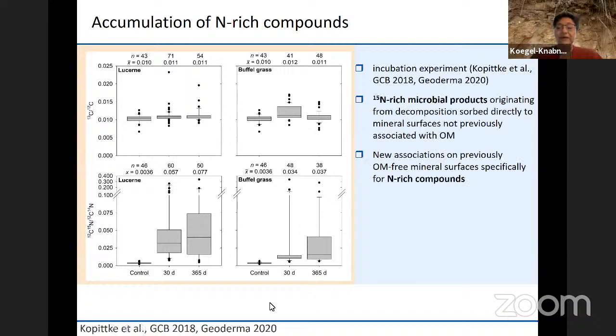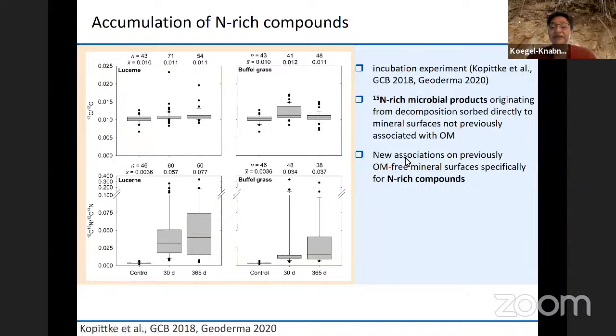And he looked in an incubation experiment again on the accumulation of organic matter from lucerne or buffalo grass. This is the C13 label again, and this is the 15 nitrogen. And we see that specifically nitrogen-rich microbial products originating from the decomposition of these materials directly bound to the mineral surfaces that were also not previously associated with organic matter.